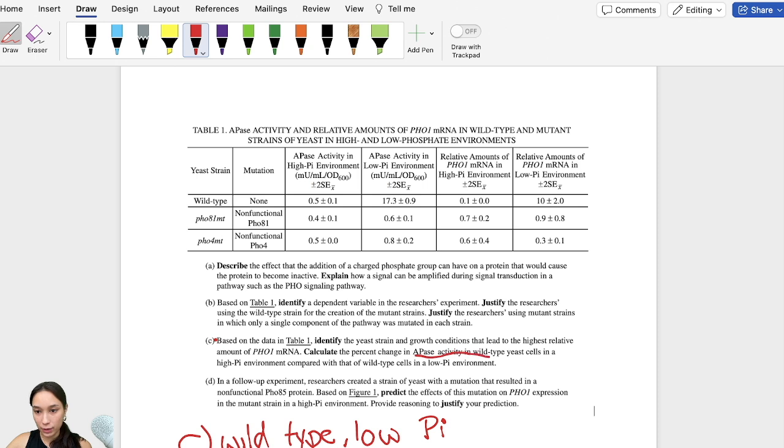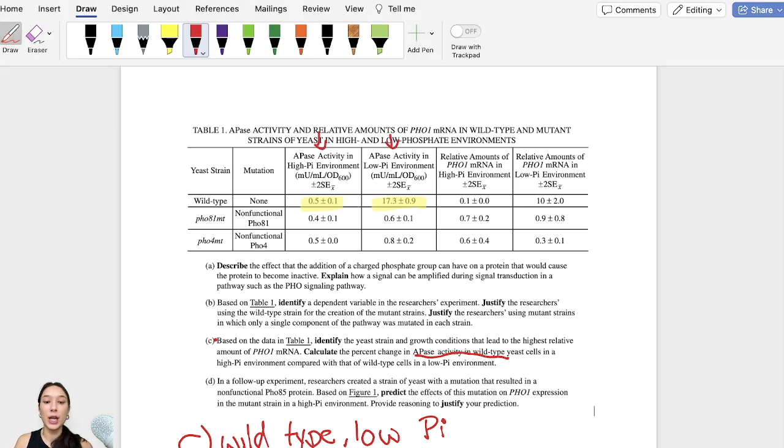So we're actually only looking at wild type, in high PI compared to low PI environment. So we're actually only looking at these two numbers, because they're asking you specifically for wild type and then APase activity, and we're going to do percent change.